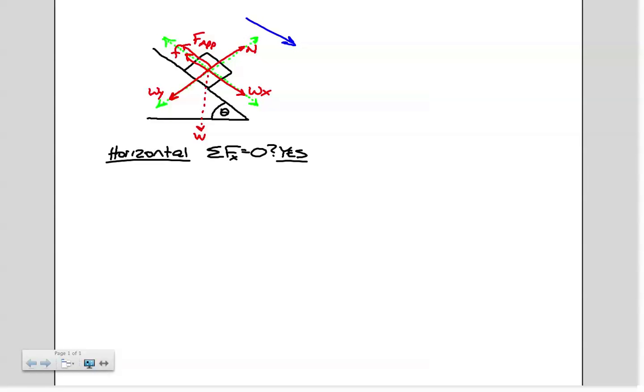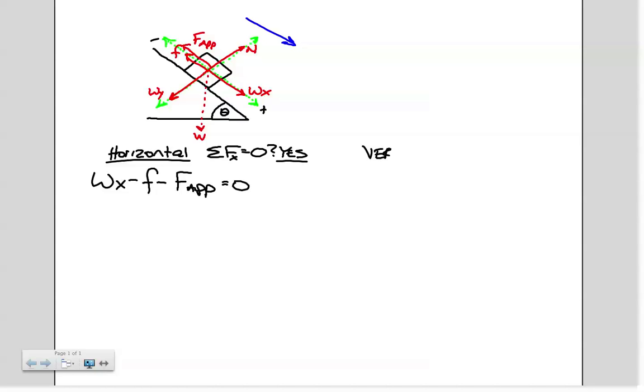So if I use the conventions of the x direction here being positive, and this is the negative x direction, I can say that the x component of the weight minus the frictional force, since it's in the negative direction of my tilted coordinate axis system, minus the applied force is equal to 0. That's my equation for the horizontal direction.